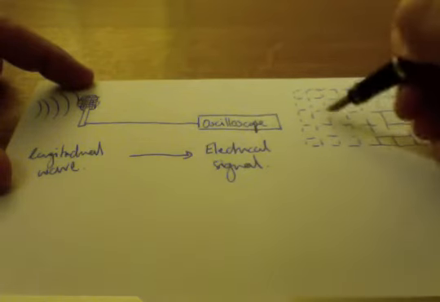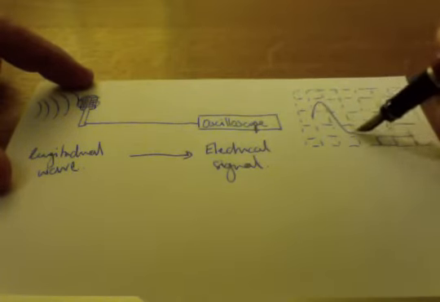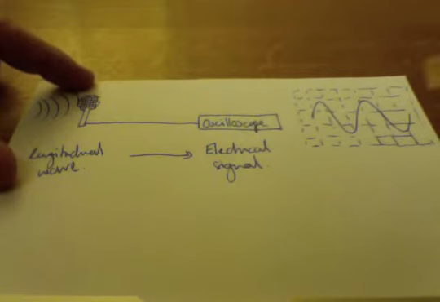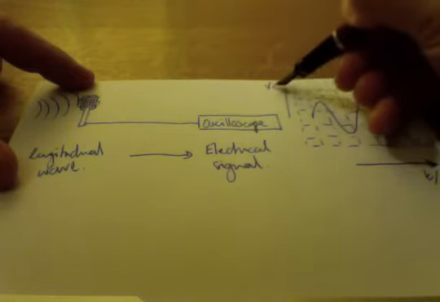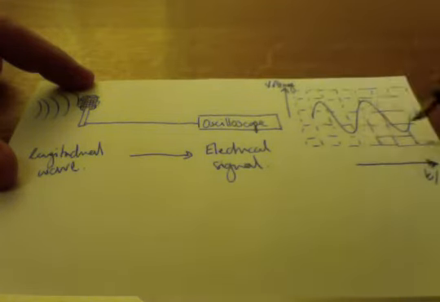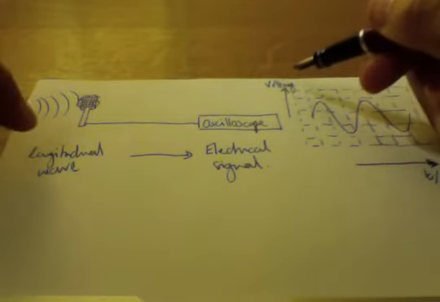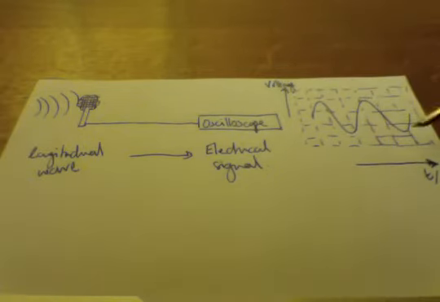And it produces a little dot on the screen, and the dot will go up and down, and what happens is it's producing what's known as a trace on the screen, and that trace is a product of the time axes, measured in seconds, and this is the voltage. You won't actually see any axes on the screen, you just see a trace, but it's showing the voltage, so an electrical signal. So the greater the amplitude of the wave, the bigger the voltage against the time.